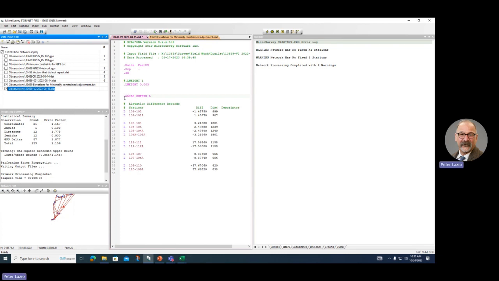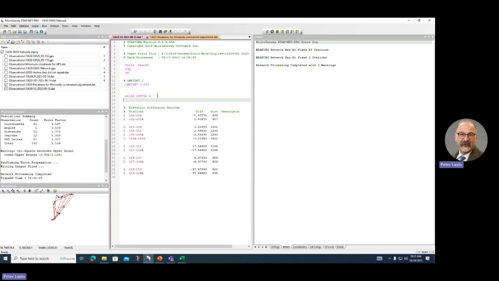Now, just to do on this alias again. These are all the different alias types you could do. You can alias name. I use this alias name for what I'm doing when we do ties into NGS benchmarks.